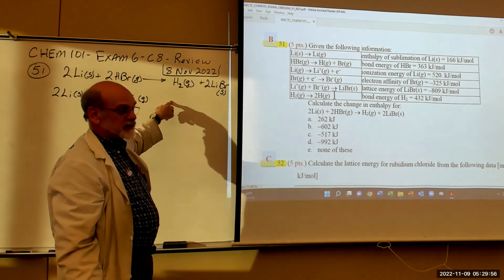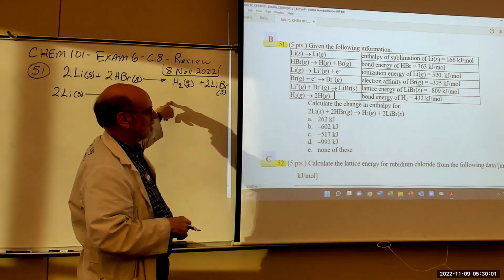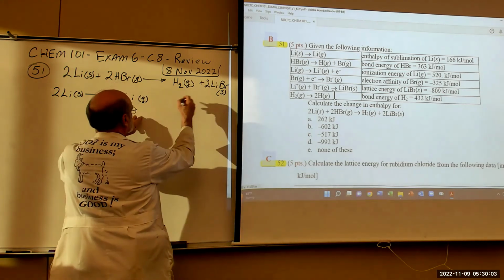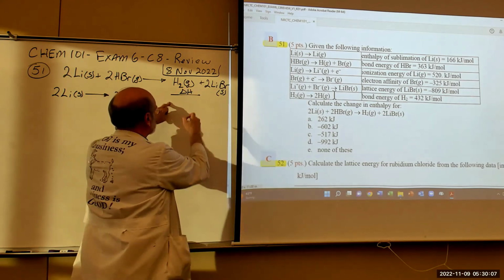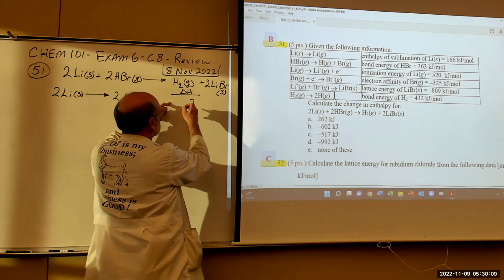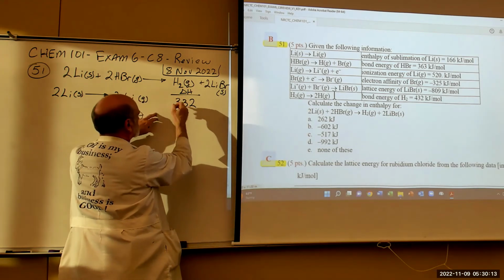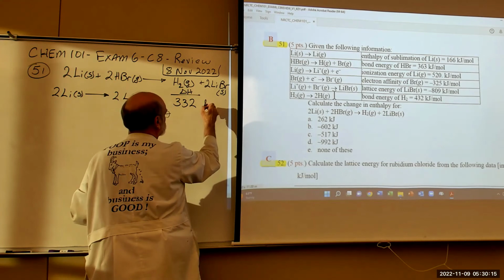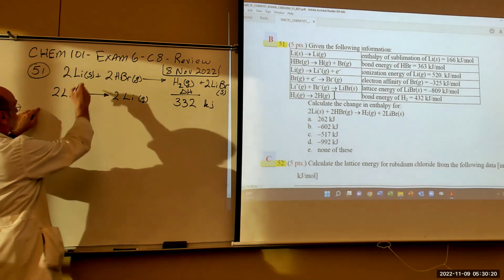And the enthalpy for this one will be twice the listed one. So that would be delta H under here, 332 kilojoules. All right, so we got this one taken care of.